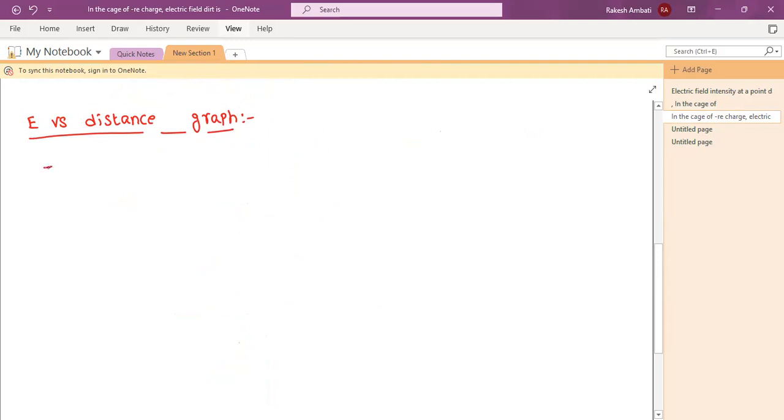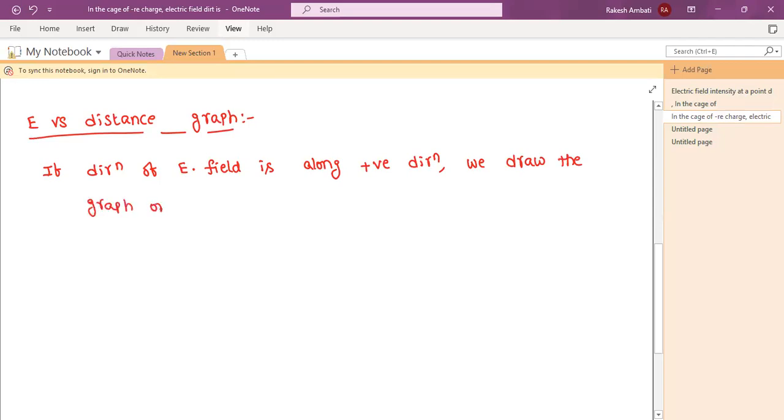If the direction of electric field is along the positive direction, we draw the graph on the positive side.